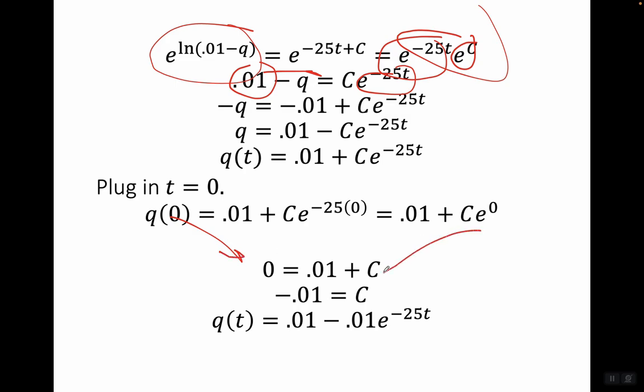And C e to the 0, that's just plain C. So we have 0 equals 0.01 plus C. Move the 0.01 to the other side, and we find that C equals negative 0.01. So if C equals negative 0.01, we can plug that into our formula for Q of t, and we end up with Q of t equals 0.01 minus 0.01 times e to the negative 25t.